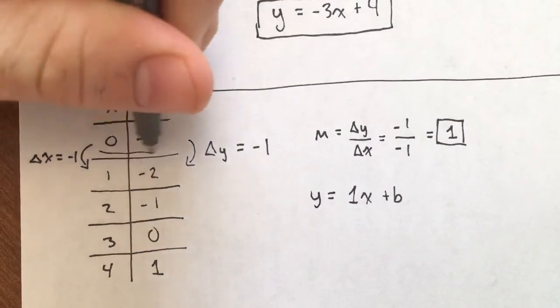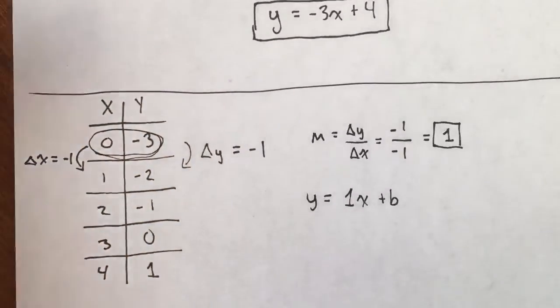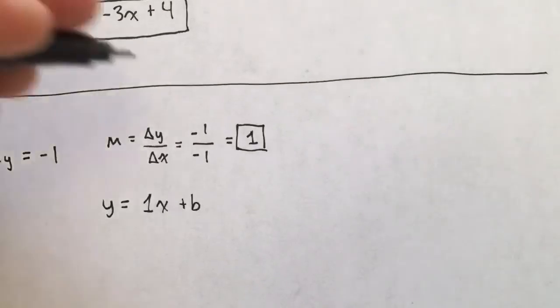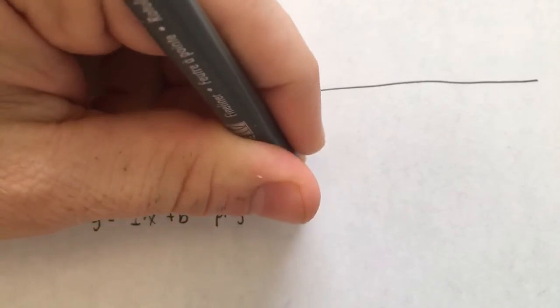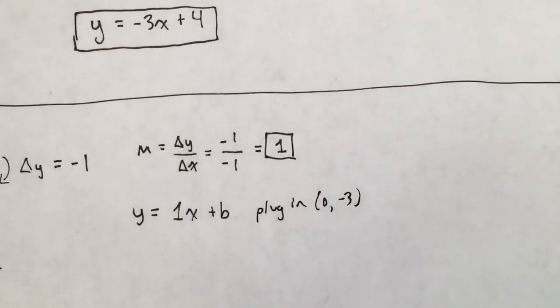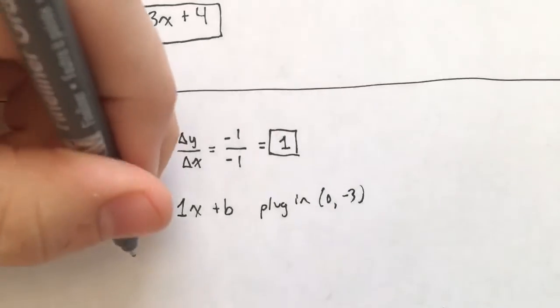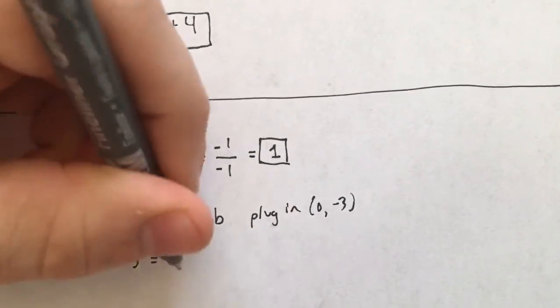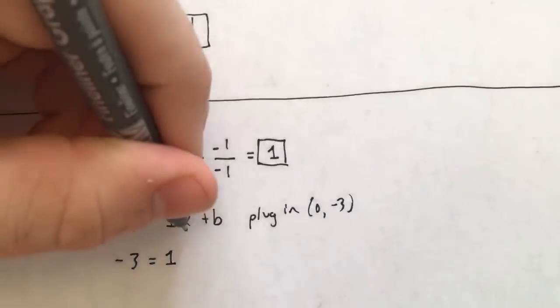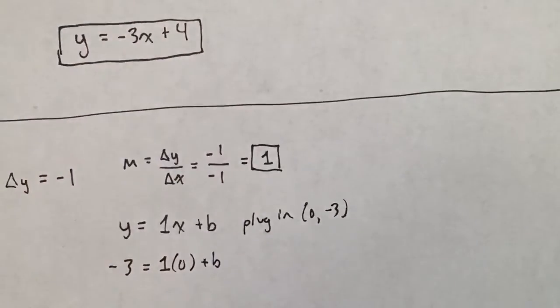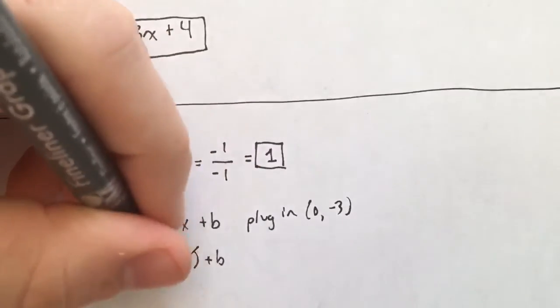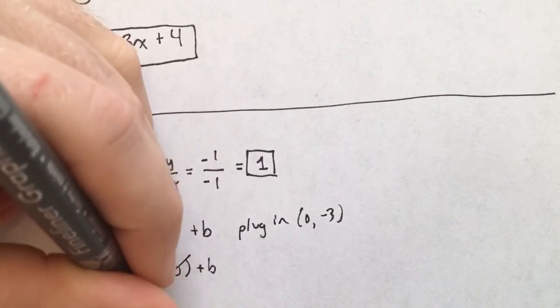Again, let's pick the first point because there are easier numbers to work with. So we're going to plug in 0, -3 into our function rule. Our y coordinate is -3, and that equals 1 times x, which is 0, plus b. 1 times 0 cancels out, so -3 is equal to b.